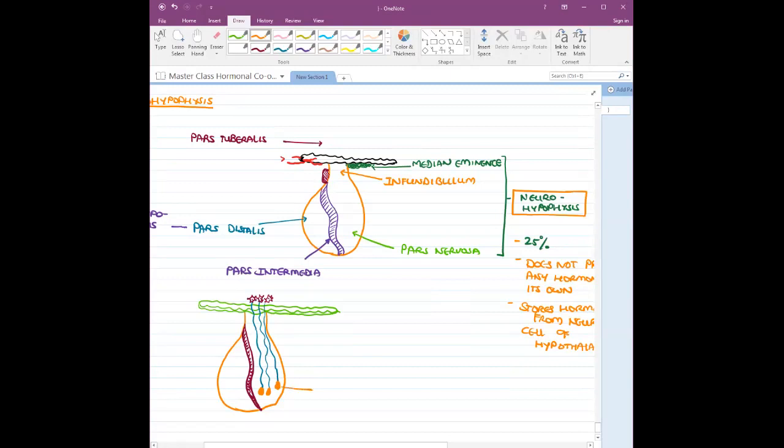Like I said, these have huge axons, and because of these huge axons, the pituicytes are going to be separated out. So this results in the separation of pituicytes.